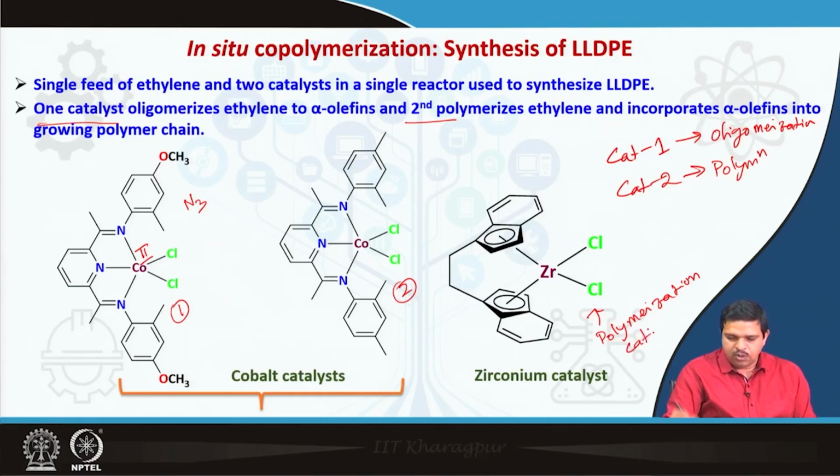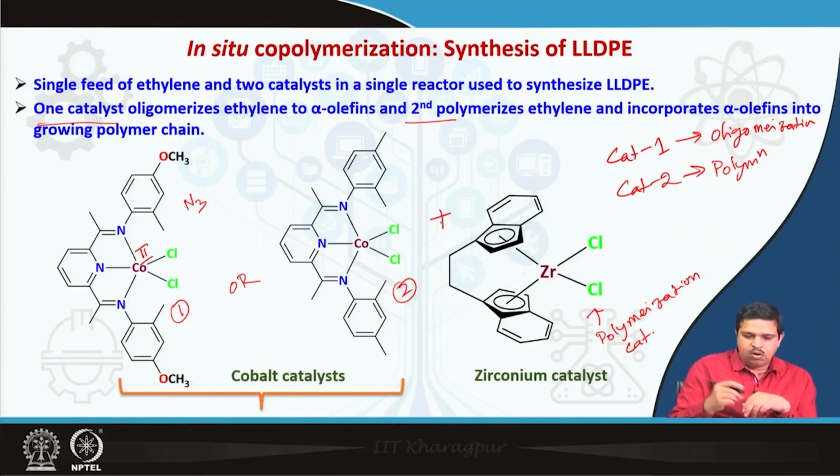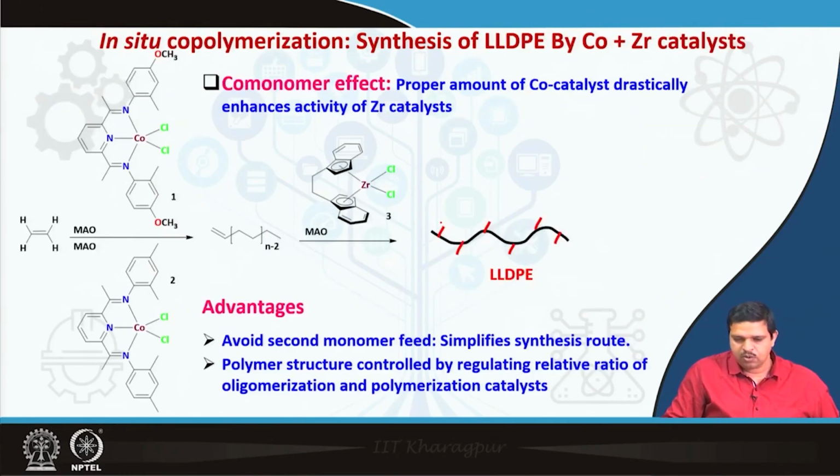So now if we combine these two catalysts, either catalyst 1 or 2 with the zirconium based or titanium based catalyst, which is a very good polymerization catalyst, what will happen?